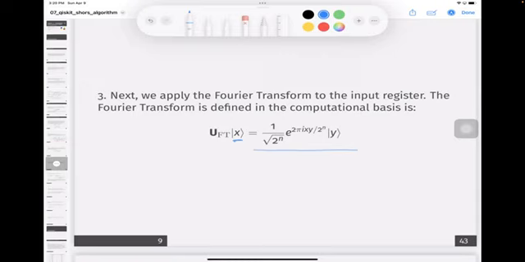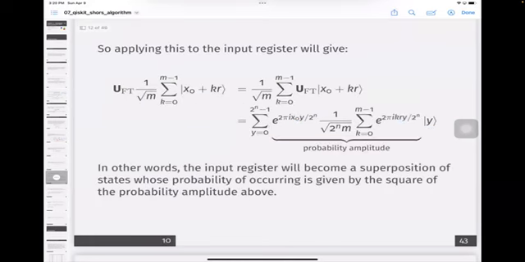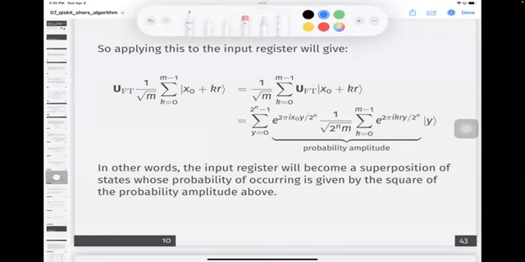So this will become 1 over square root of 2 to the n multiplied by e raised to the 2 pi i xy over 2 to the n, where x corresponds to this and y corresponds to this. If you apply it to the input register, this is what will happen. Because of the linearity of the transformation, you can apply it to each term of the sum.